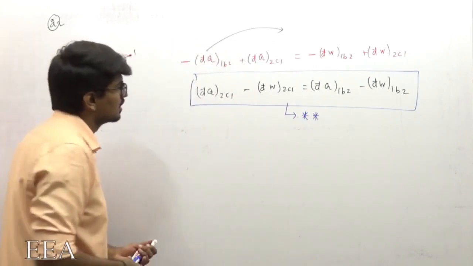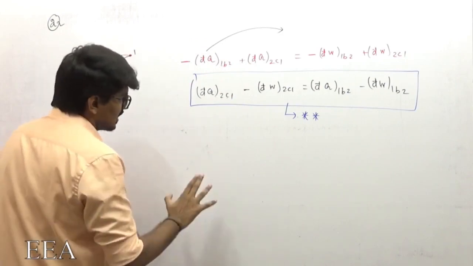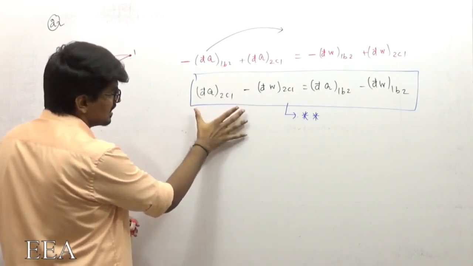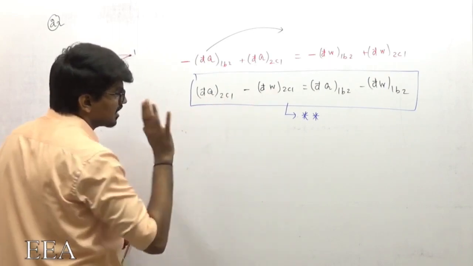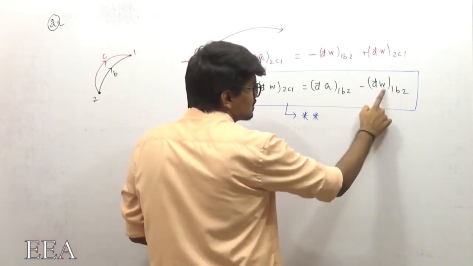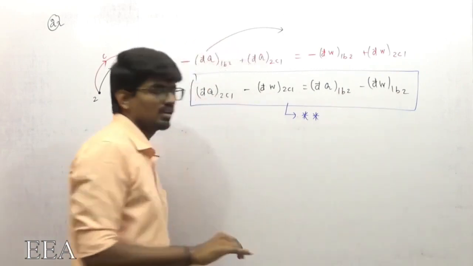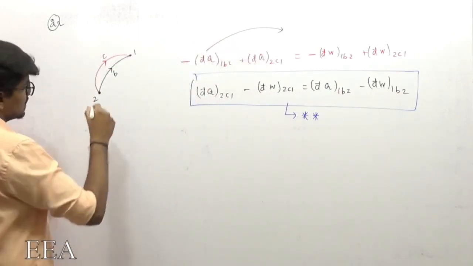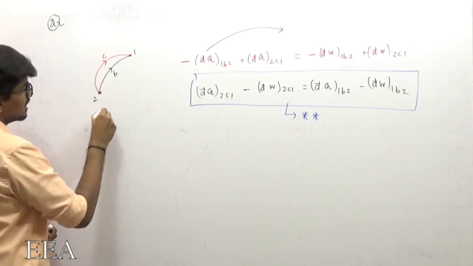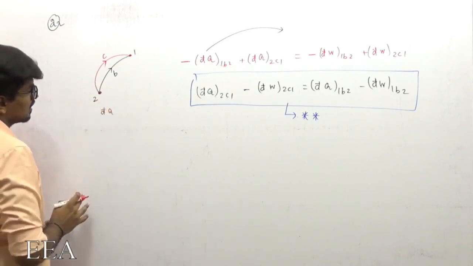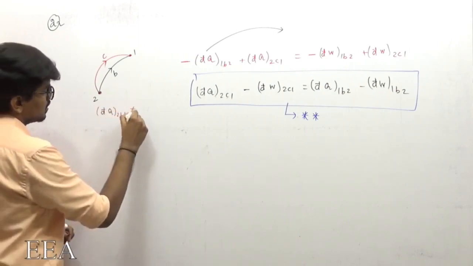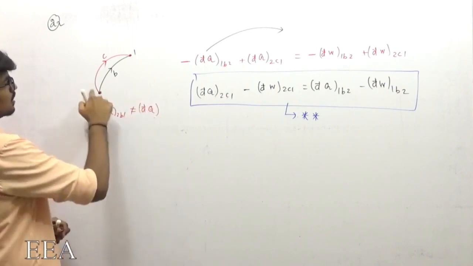What is that? The difference in heat transfer and work transfer for path B and for path C. The left hand side indicates the difference in heat transfer and work transfer for path C, and this indicates the difference in heat transfer and work transfer for path B. We know that individually, if the process happens from 2 to 1 through path B, d dash q of 2b1 is not equal to d dash q of 2c1.